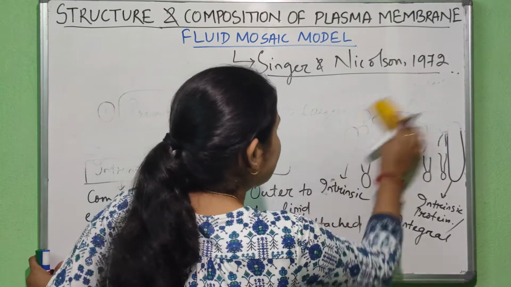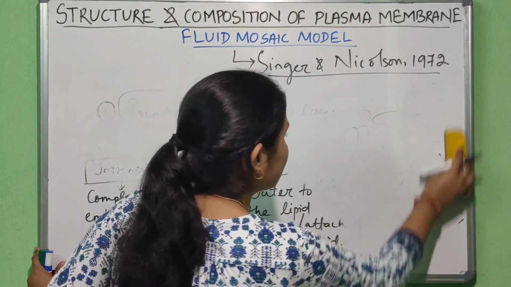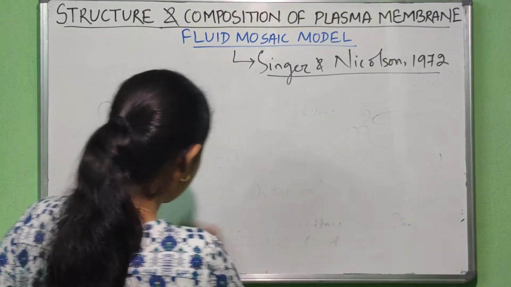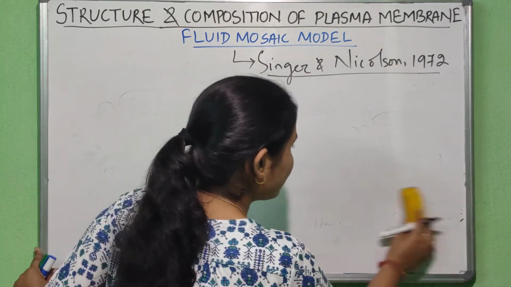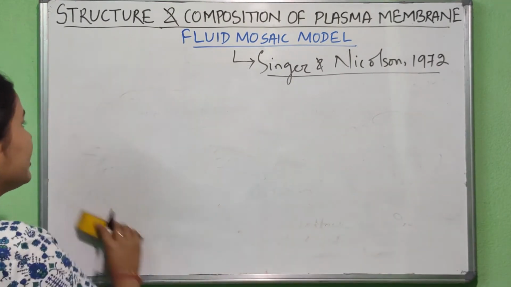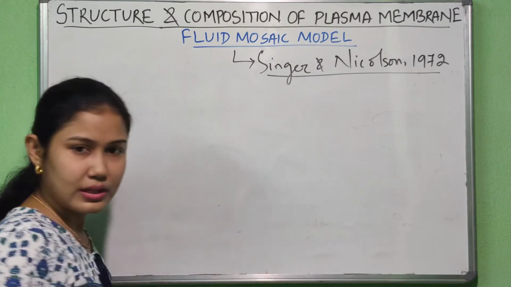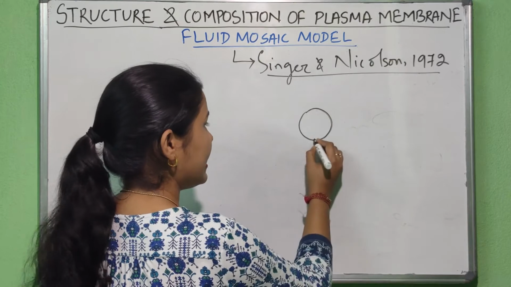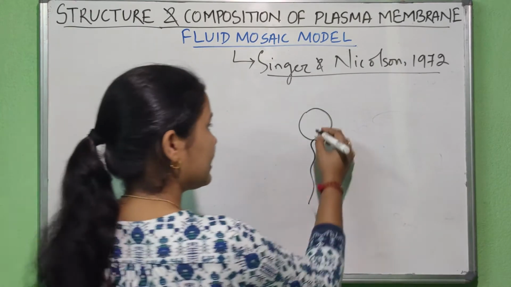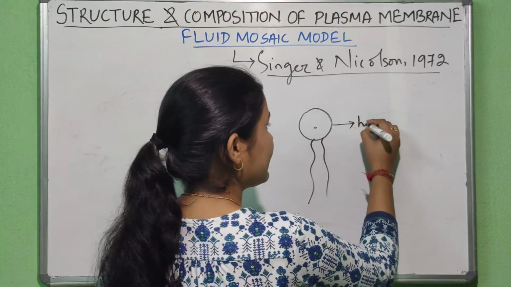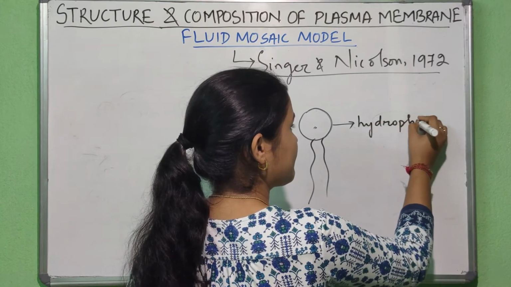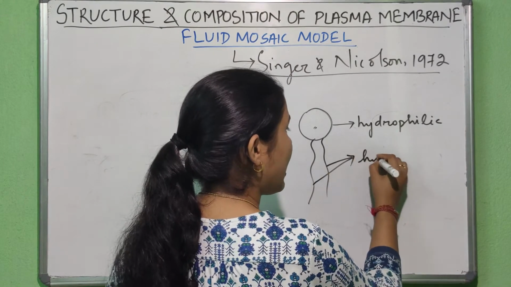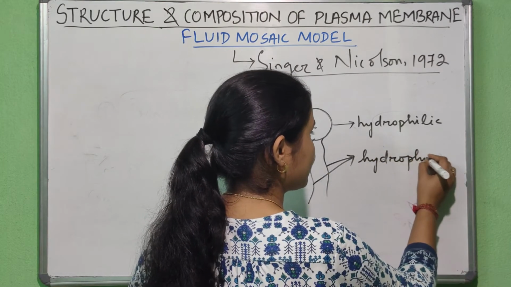The next point is about the phospholipids. What are phospholipids? I have already told you, a lipid which has a phosphate group at the head part. So consider a lipid molecule. This is the head and this is the tail. This head is hydrophilic in nature, whereas the two tails are hydrophobic in nature.